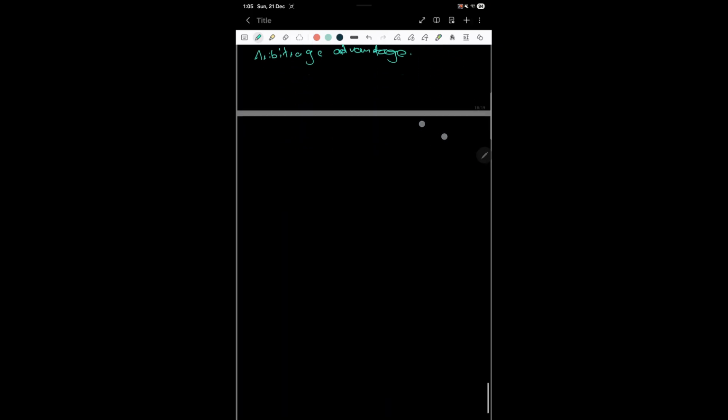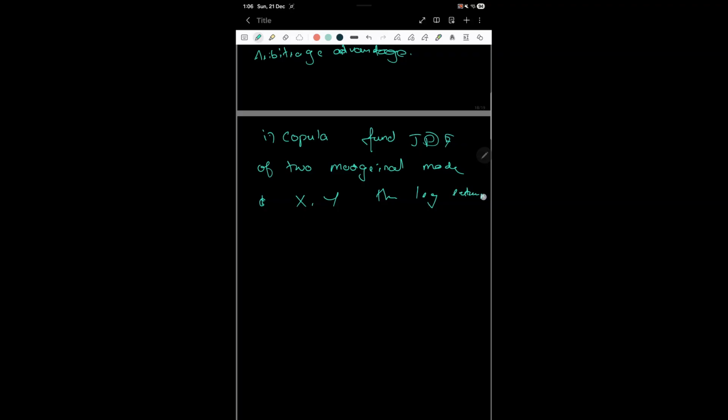For this we are using the terminology called Copula, which is a joint distribution function of the two marginals made by the distribution functions of two stocks X and Y and their log returns. Basically they are log returns, because log returns are stationary.